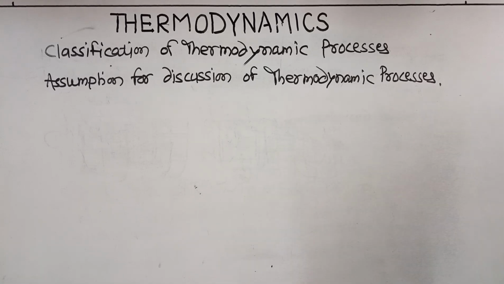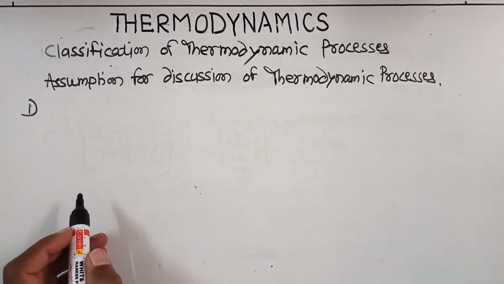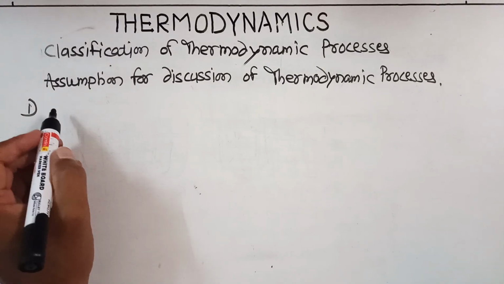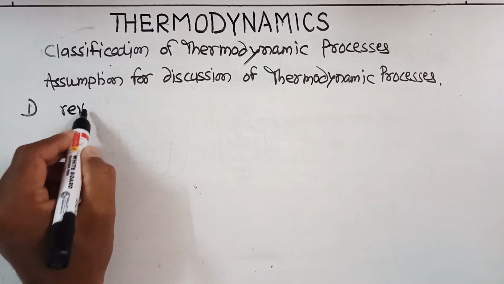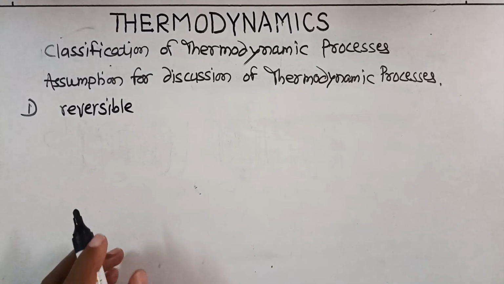The first assumption is that the thermodynamic processes are reversible, meaning the path can be retraced again.